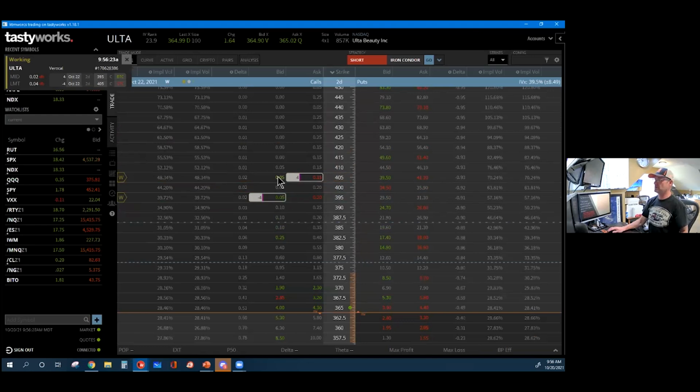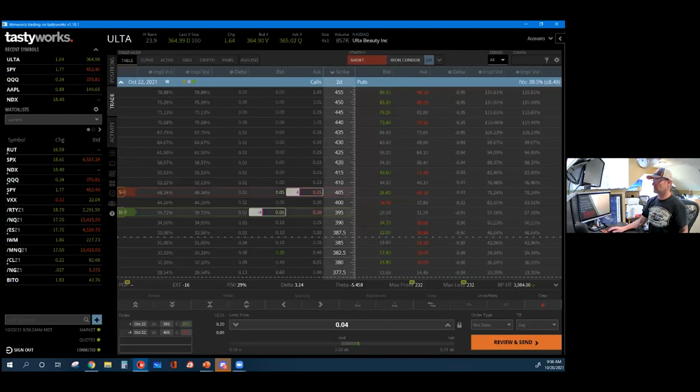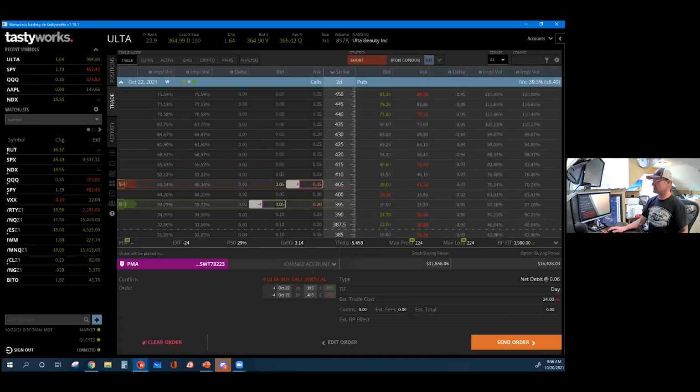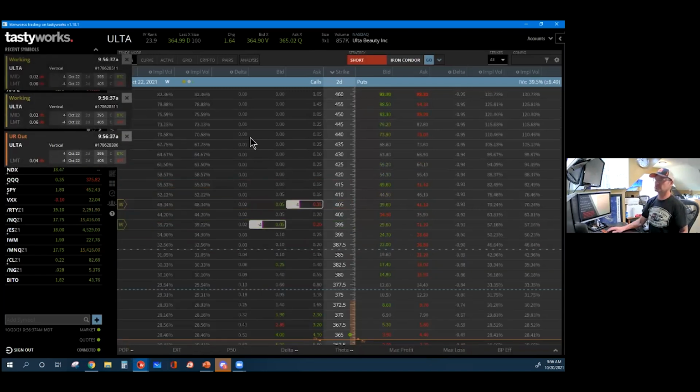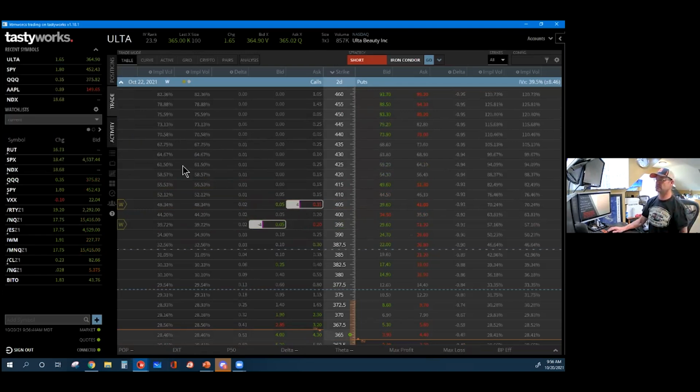Doesn't really move the pricing at all. Let's try 6 cents. Nothing there either. Still not moving the pricing. Pretty big spread there on that leg.